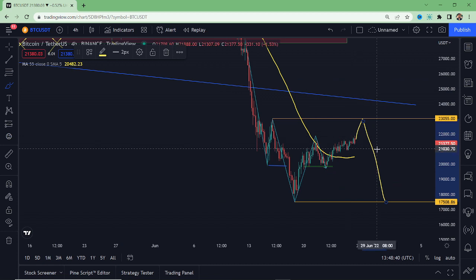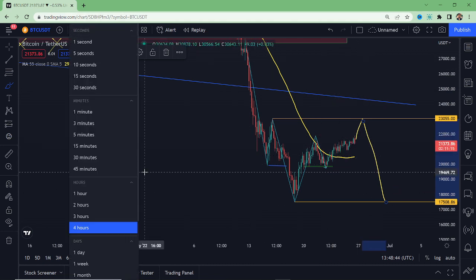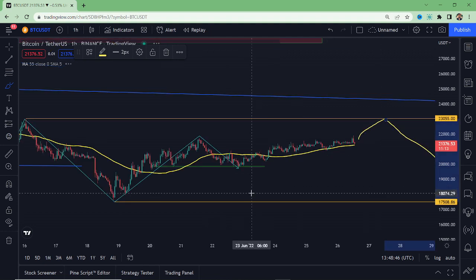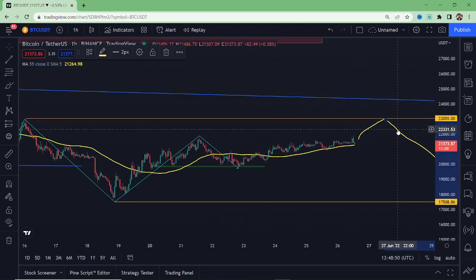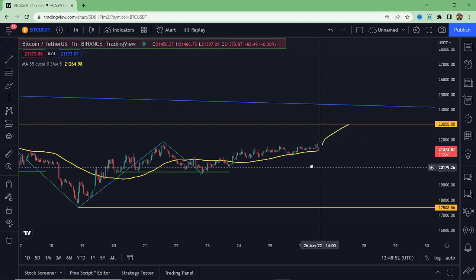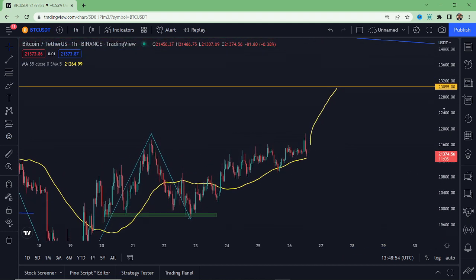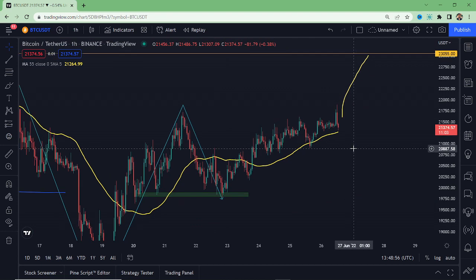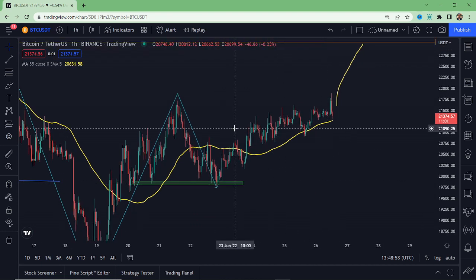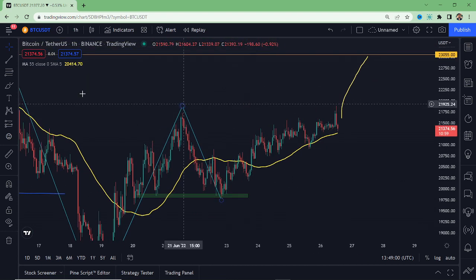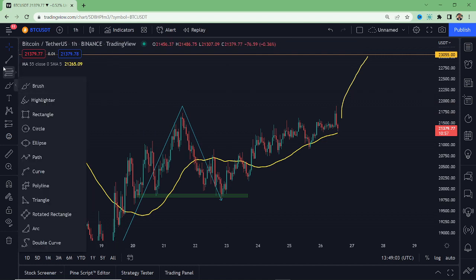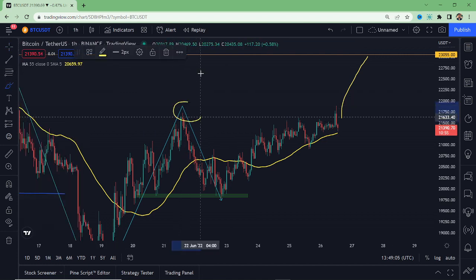You can see here, but even at this point, if you jump to the 1 hour time frame, I always try to look at multiple possibilities on every time frame. So the pattern that I'm expecting to get formed, the double top pattern or the double bottom pattern, has already formed right here at the place where we are.